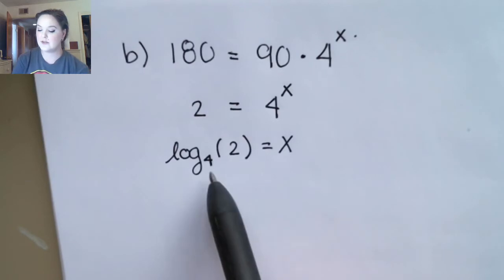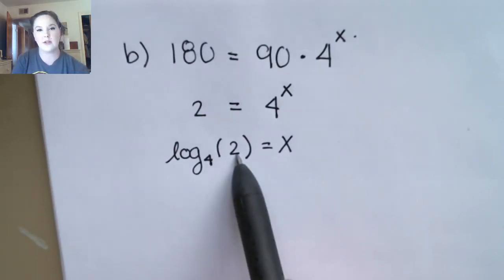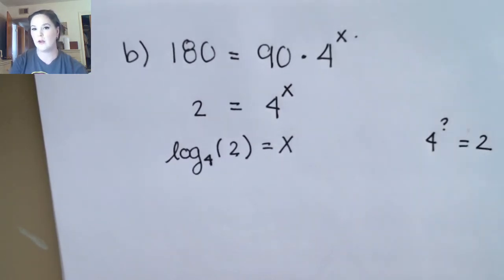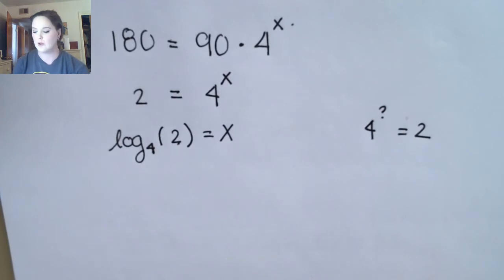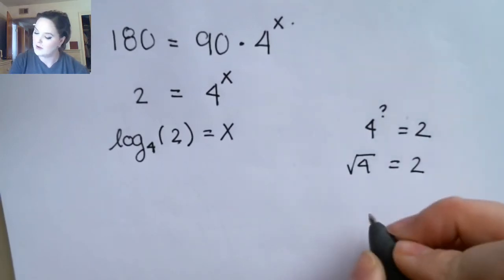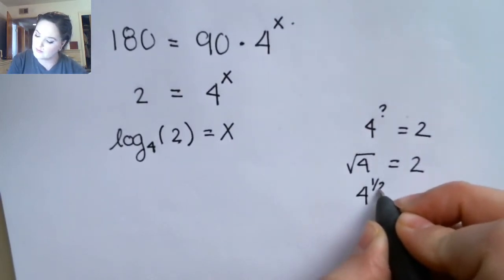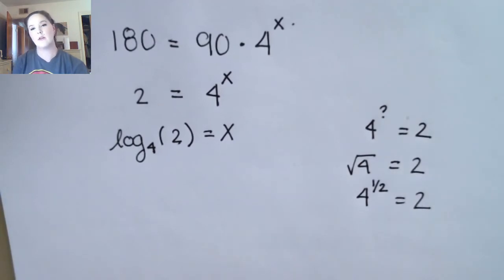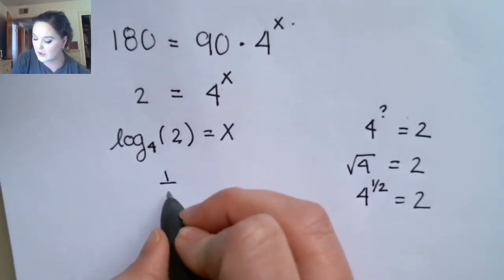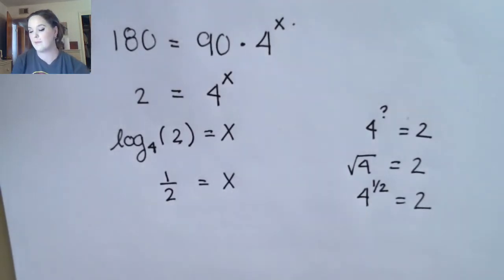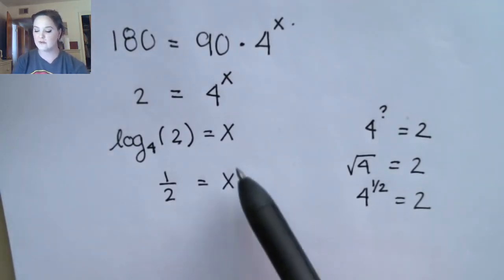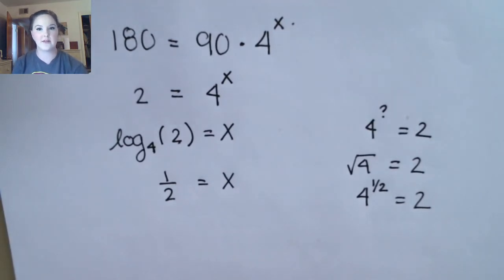Now I need to evaluate this. What power of 4 is 2? Well, we know that the square root of 4 is 2, and remember, the square root is the same as the 1/2 power. So that would tell me that this whole value is going to be 1/2. There are no additional steps to solve for x because x was already isolated on the right side.